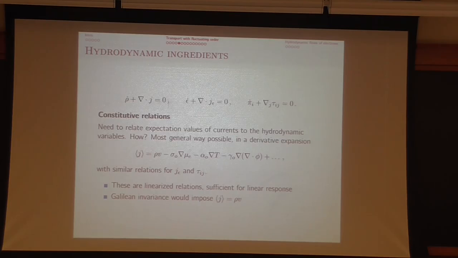This is where we parameterize all our ignorance. There's a bunch of parameters that hydrodynamics won't tell you about. If you have a microscopic model, you can give expressions for them. They also satisfy some inequalities. You can use hydrodynamics to show that these have to be positive, for example, for entropy production to be positive, but otherwise they're not fixed within hydrodynamics.